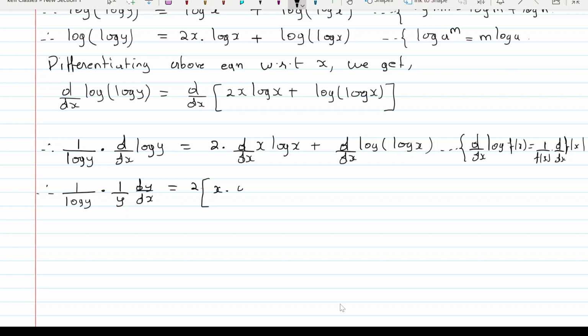So x into d by dx of log x plus log x into d by dx of x, plus this will be 1 upon log x into d by dx of log x. Okay? Same thing. Correct? Product rule: u into dv by dx plus v into du by dx.